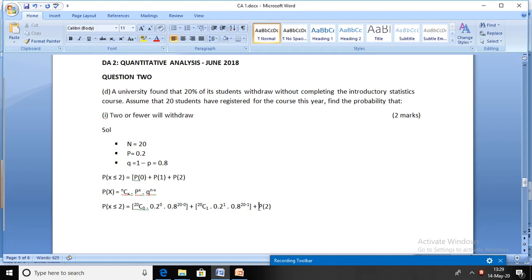Okay, so for the probability of 2, where there is x, you put 2. So you have 20 combination 2, 0.2 to the power 2, 0.8 to the power 20 minus 2. Okay, so that's what you have. Tap that in the calculator.